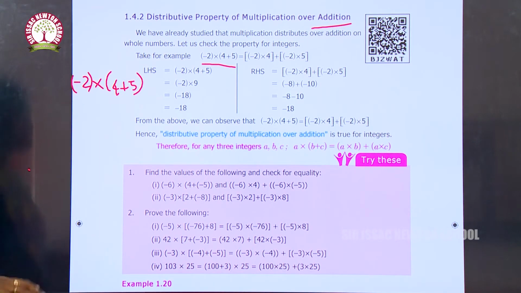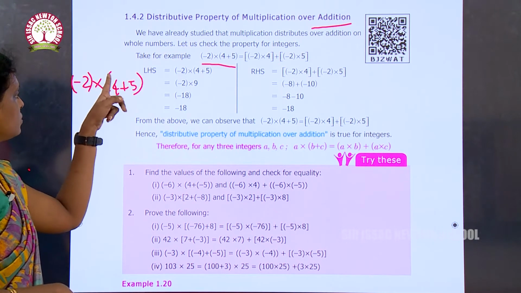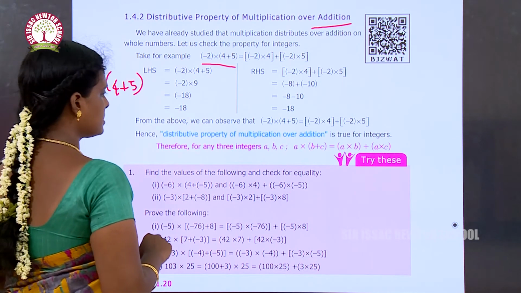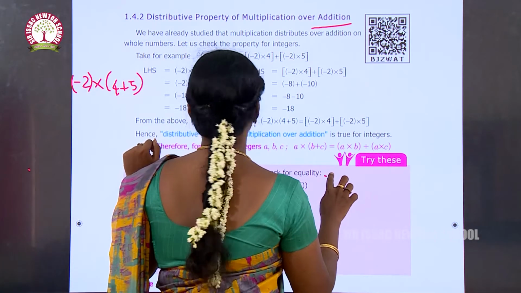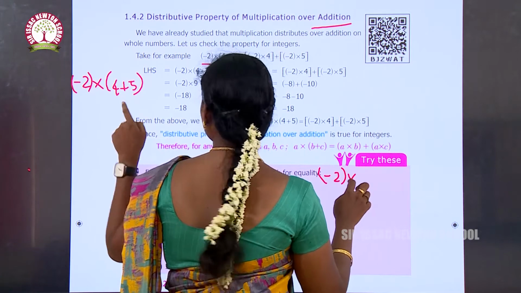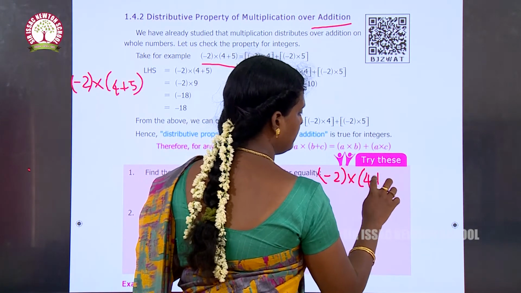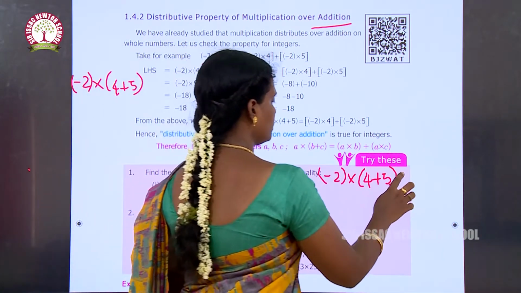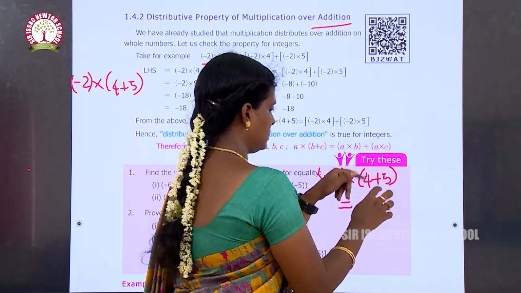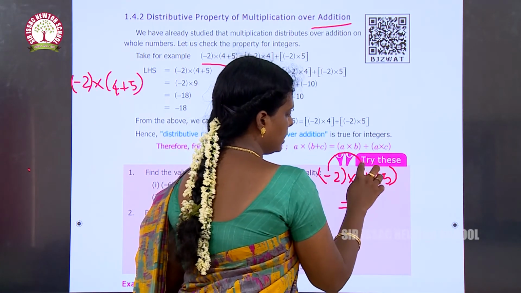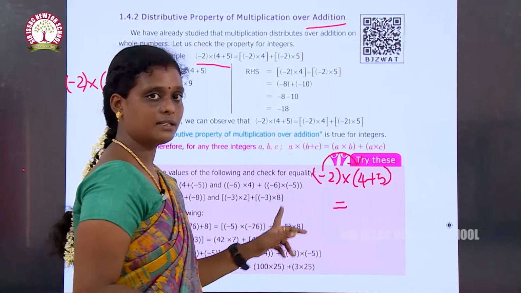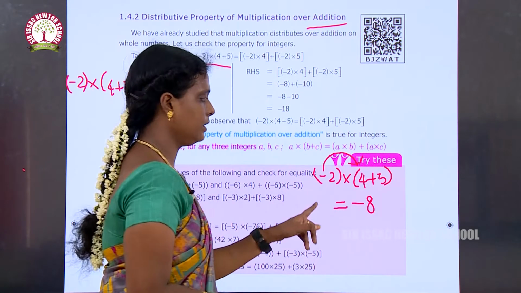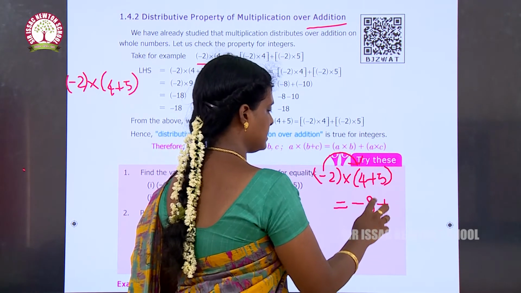What I am going to do is multiply this 2 to this 4 and then to this 5, and add the answers. I will explain it here. So minus 2 into 4 plus 5. What is minus 2 into plus 4? Minus into plus will become minus, and 2 into 4 is 8. And then plus at the center.